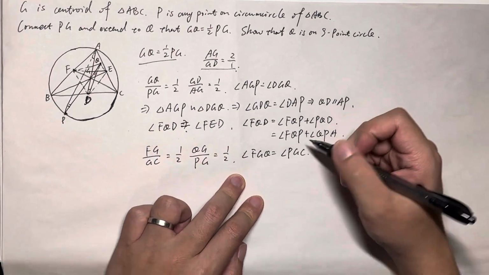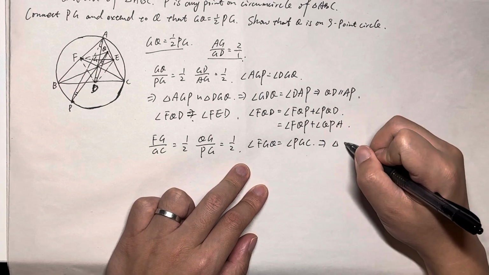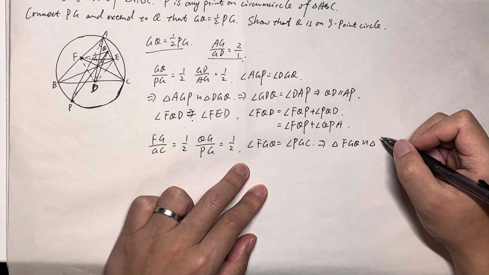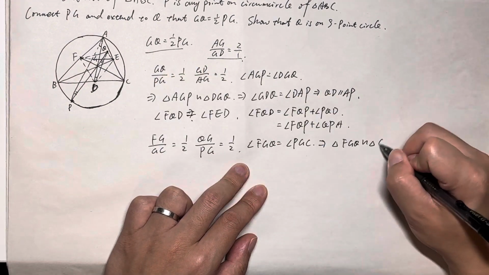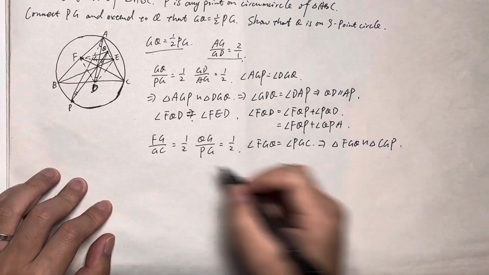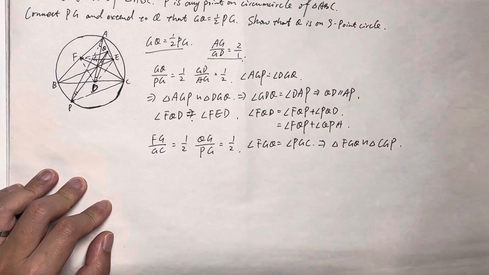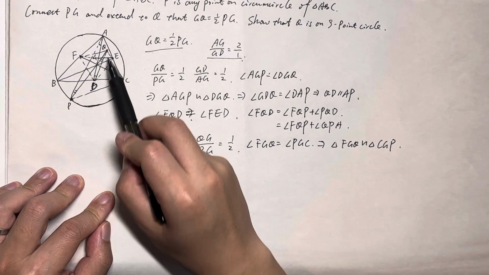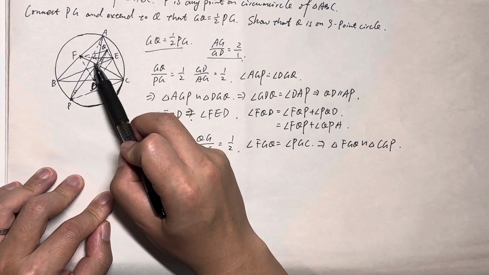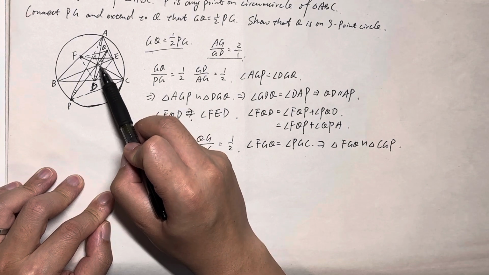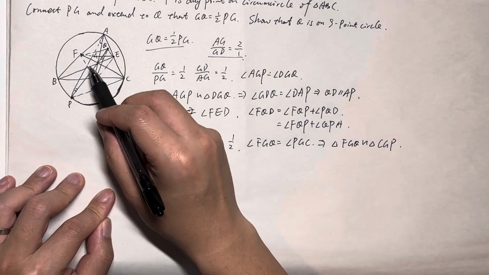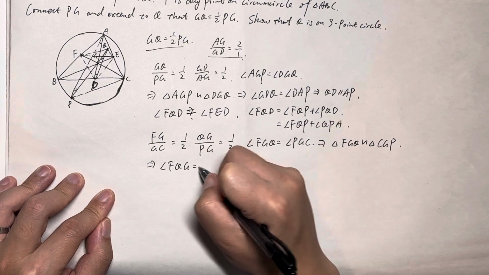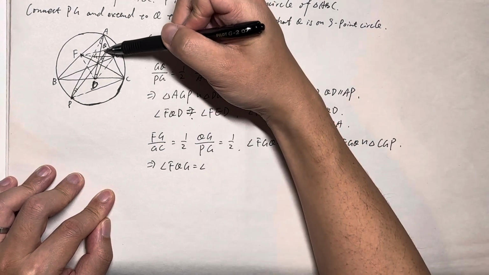So we know that triangle FGQ is similar to triangle CGP, because this to this equals this to this, and they have the same angle here.